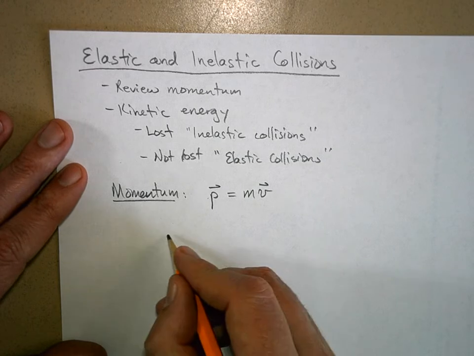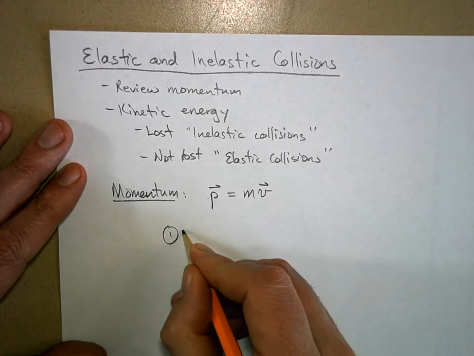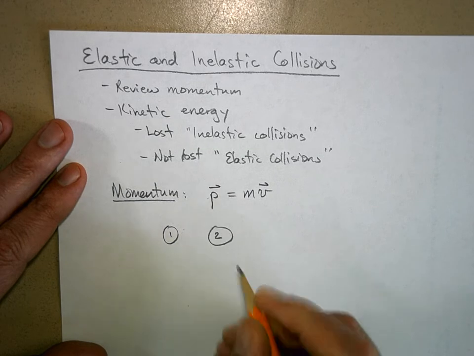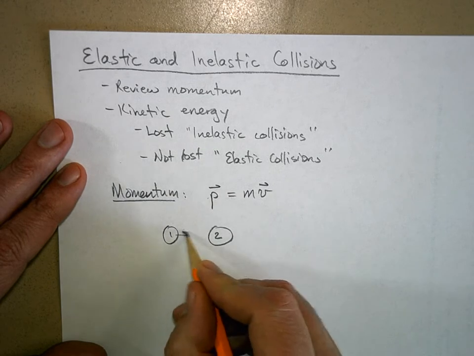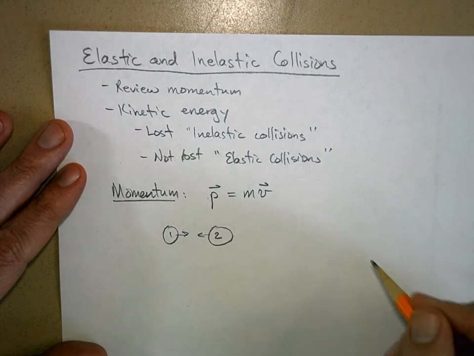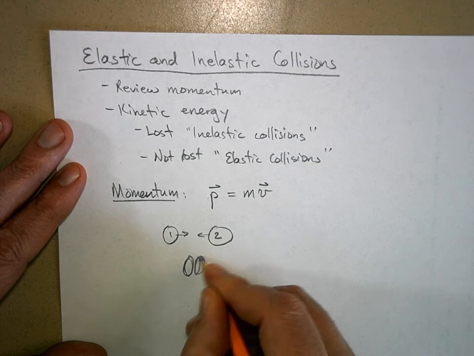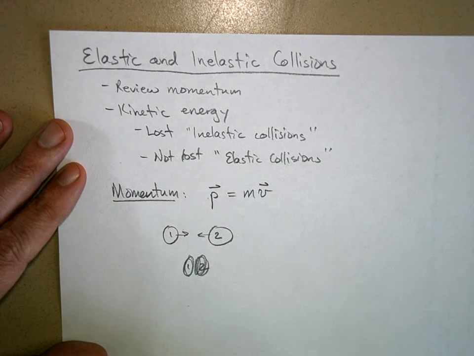Well, let's take a look at when two objects collide. Here's object 1, here's object 2. This is before the collision. Maybe they're both moving, and they collide. So, bam, they smash into each other. Here's 1 and 2.